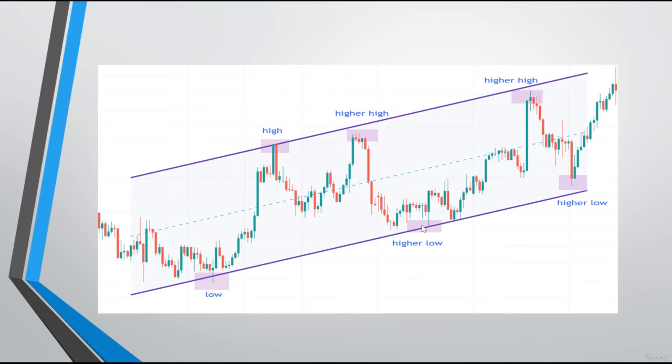So now it is lower, but because it is higher than the previous low, we call it higher low. And the same here. All right, but this line is called support. What kind of support? Dynamic support. Because whenever the price comes to these areas, we can see the change in trend.